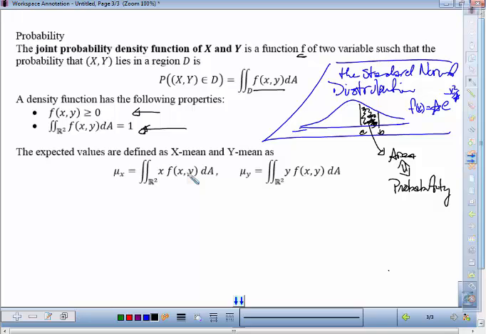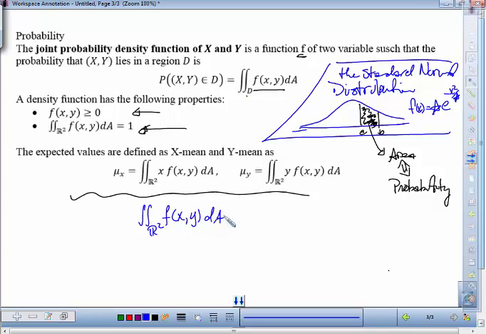If you look at this, it should give you some flashbacks, sort of, because it looks like the center of mass, right? This is like the first moment in y and the first moment in x.